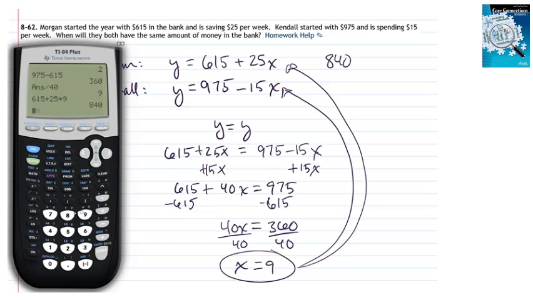And the other one, 975 minus 15 times 9, also equals $840. That's super because in 9 weeks they'll both have the same amount of money, $840.